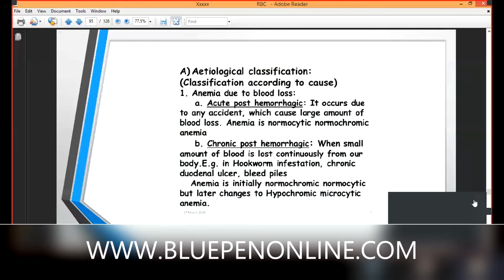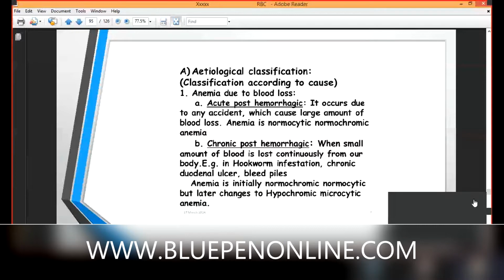Chronic means a small amount of blood loss continuously from our body, for example hookworm infestation, piles, ulcer, etc. So anemia due to blood loss is acute and chronic.